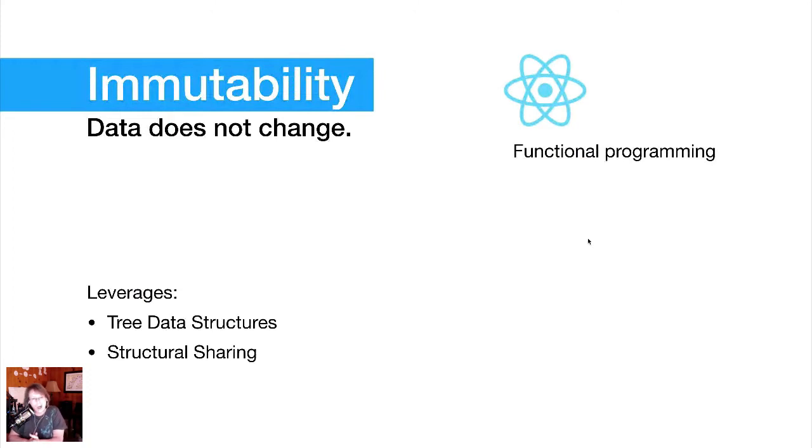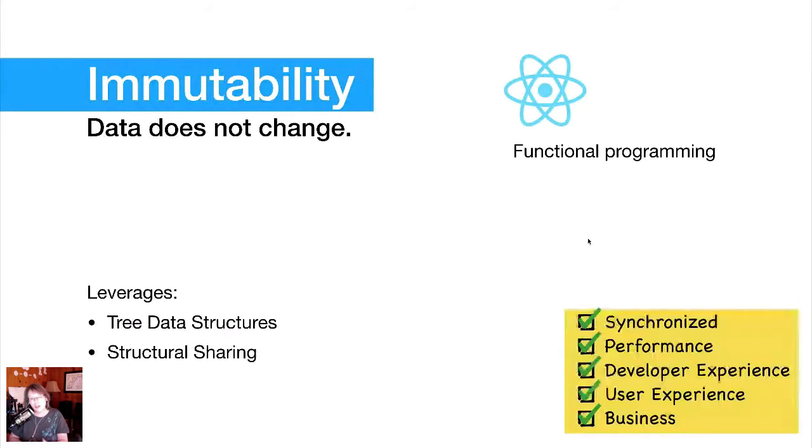Okay. So what it's doing is it's leveraging that data tree structure. Okay, so think in trees, leaves, and branches. And we're doing something called structural sharing, and we're going to go through that too. And then I'll share a link with you that you can go and explore this awesome presentation just on how this works.